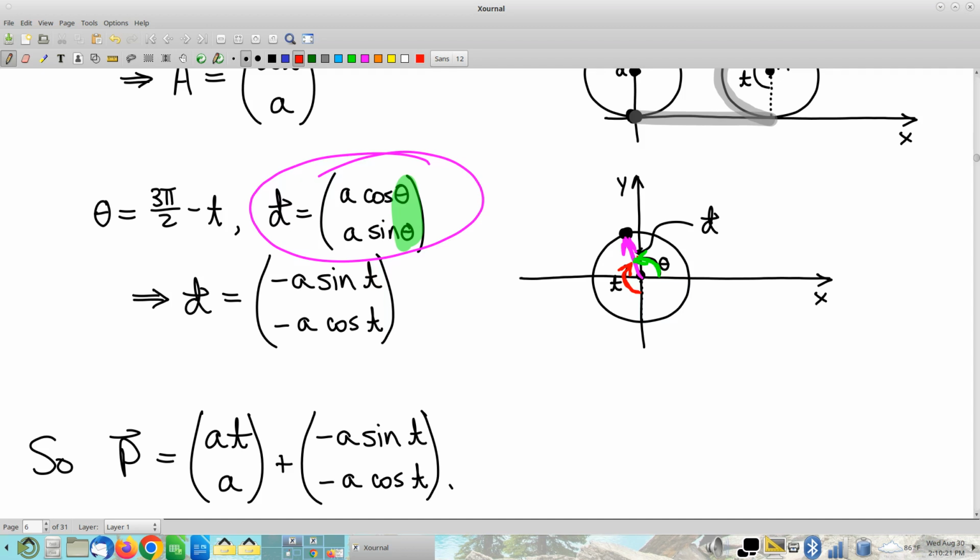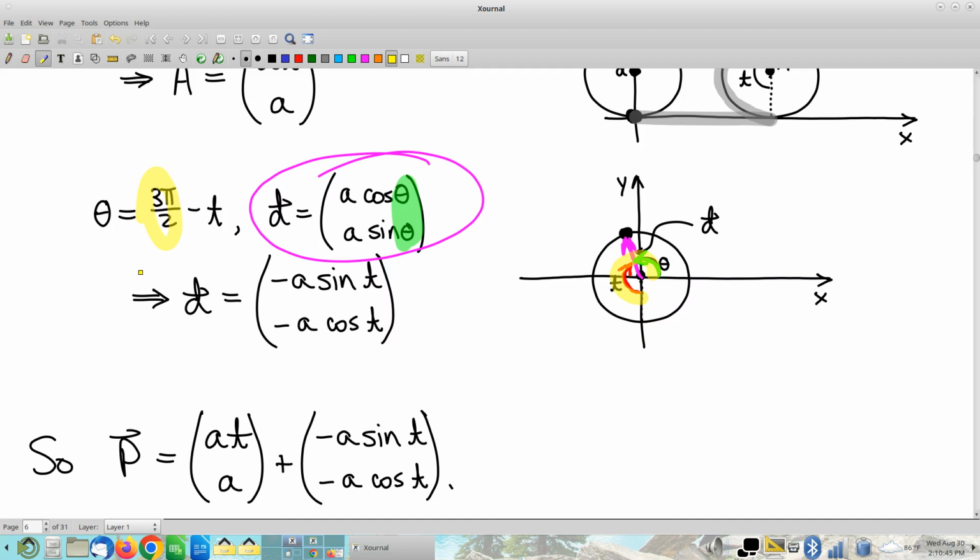Now, just another geometric appeal here: notice as t gets bigger, theta gets smaller. But at all times, the sum t plus theta is 3 pi over 2. It's just right there in the picture.